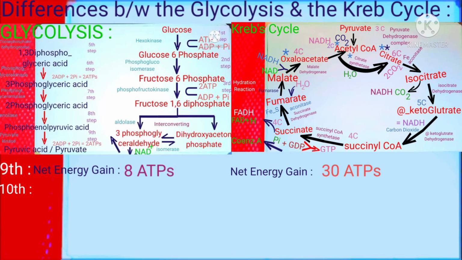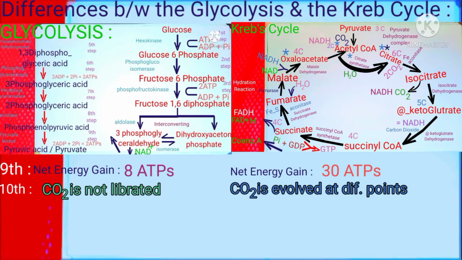Tenth difference is that during glycolysis, no carbon dioxide is evolved, as you can prove it from the glycolytic pathway that carbon dioxide is not released during any conversion, whereas during Krebs cycle carbon dioxide is released at different points such as in between pyruvate and acetyl coenzyme A. Here you can see carbon dioxide is evolved during the conversion of isocitrate to alpha ketoglutarate.